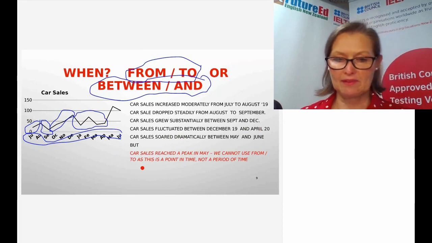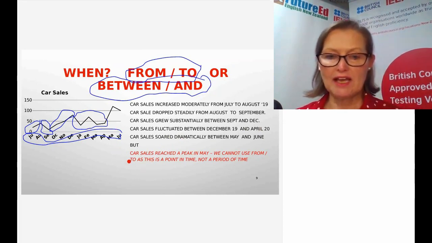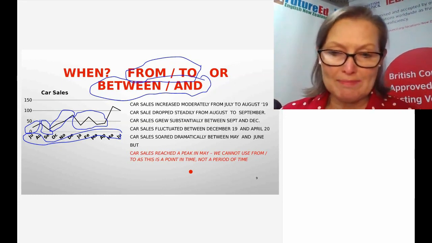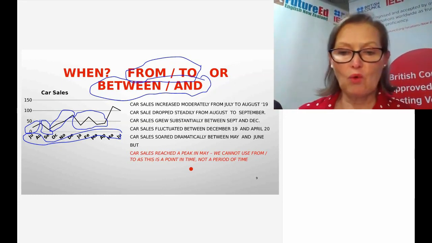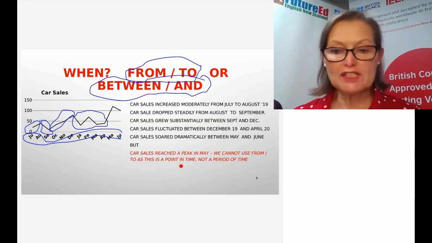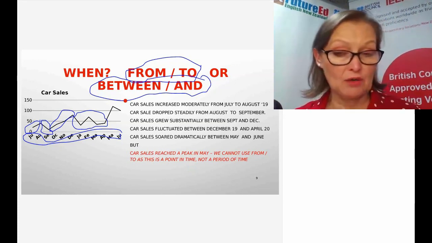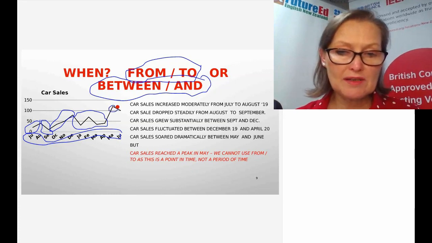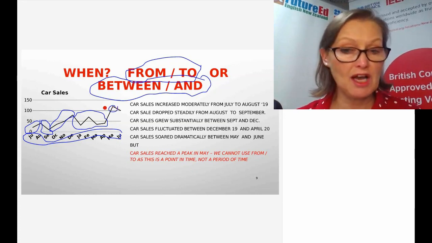Okay. And have a look at my sentence. Car sales reached a peak in May. So I can't use my from, to, or my between, and for my verb, reached a peak. My verb and my noun reached a peak, because this is one particular point in time.